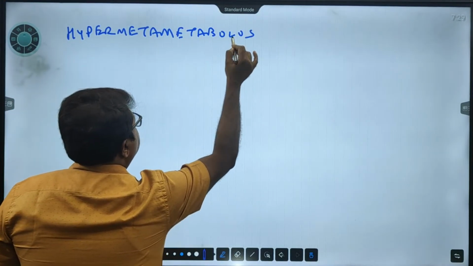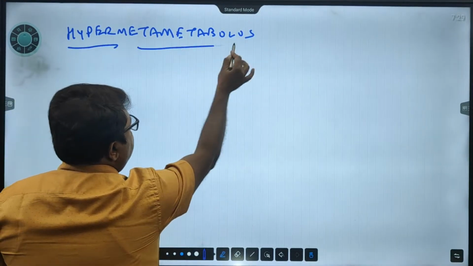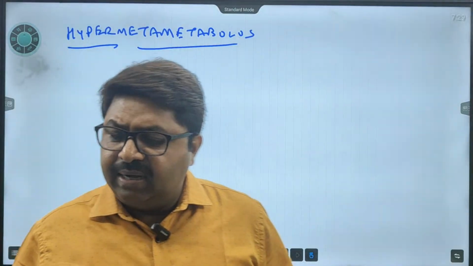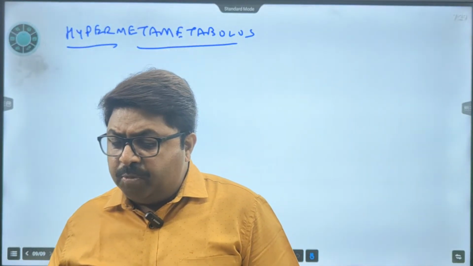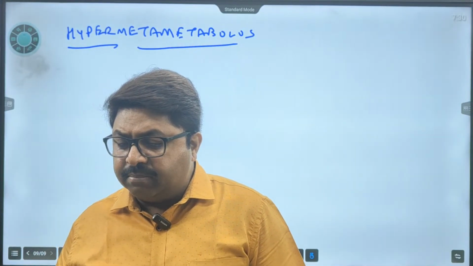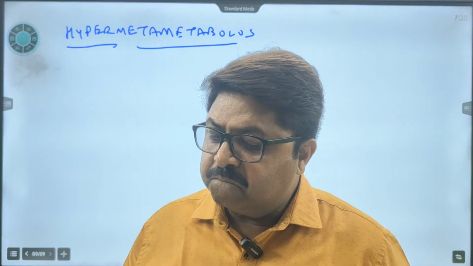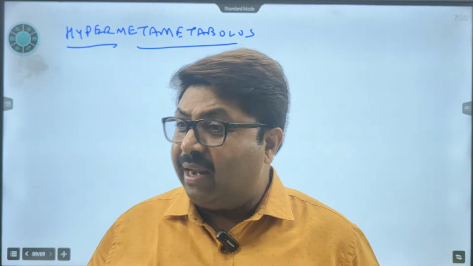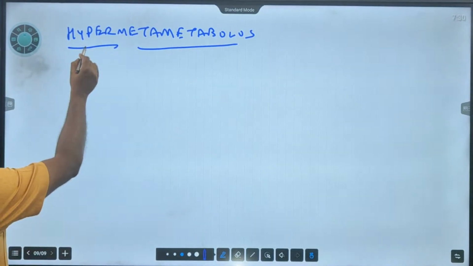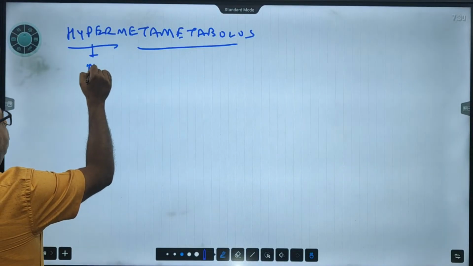Hypermetabolous. Gracie, tell me, what is the meaning of the term hyper? Having egg, larva, pupa, adult, or is it having something more? Having something more. Hyper matlab jada, hyper matlab more.